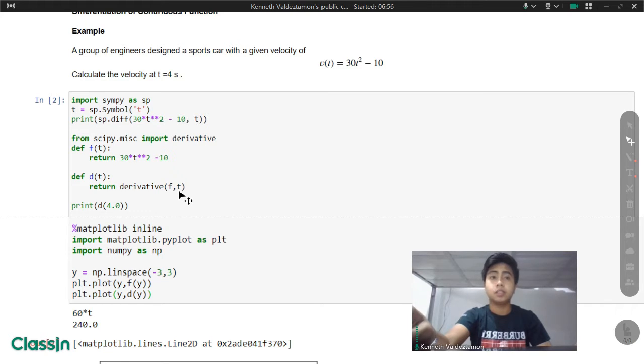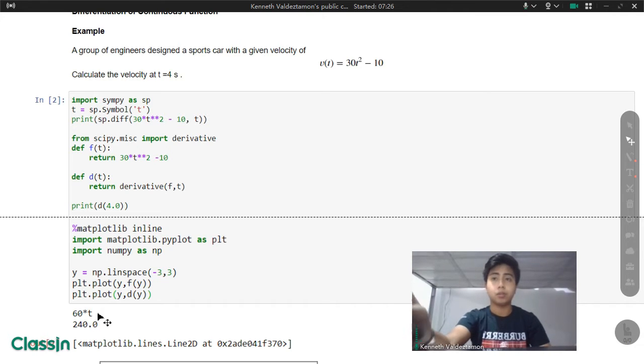So in this case, ito na yung 4. So take note that these two, importante to para sa pag-plot ng graph. So here I'll print d, where 4 is the value that I want to evaluate, and that'll give us an answer of 240. And 240 is yung ating velocity.